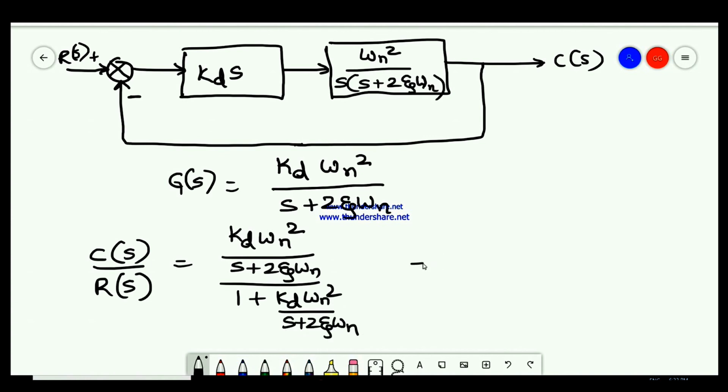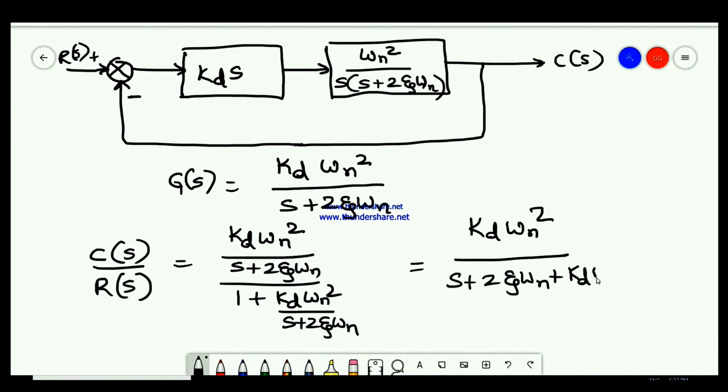Now if you see this, this would be equal to k d into omega n square divided by s plus 2 zeta omega n plus k d omega n square.